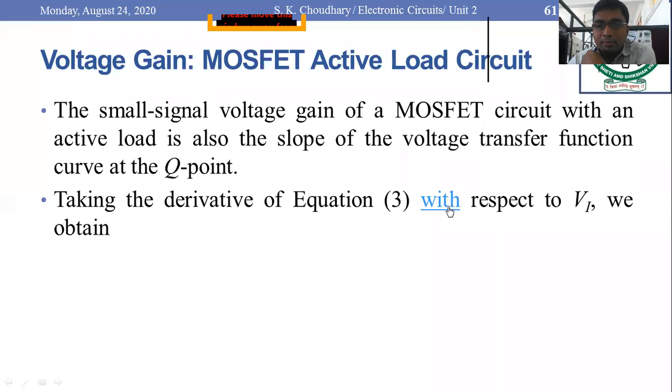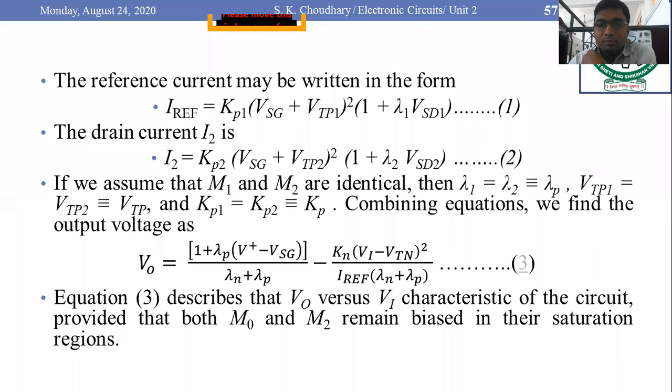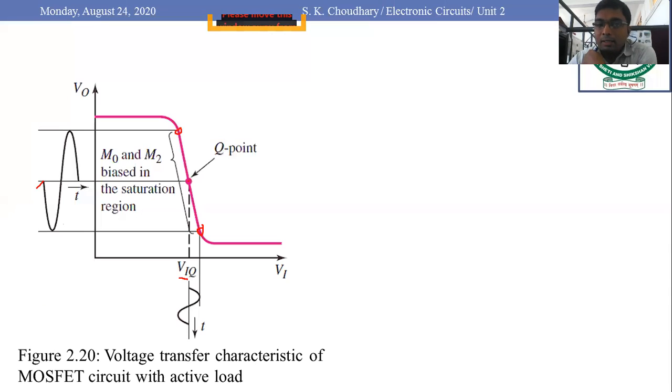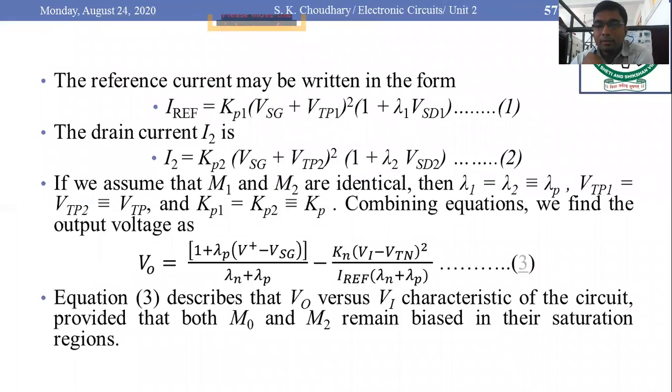Which transfer curve am I discussing? See here. That was the transfer curve, and we have to take the slope of this. Then we take the derivative dV0 upon dVi, and it gives you the voltage gain. We have to take the derivative of the V0 equation here, and that gives you the voltage gain.